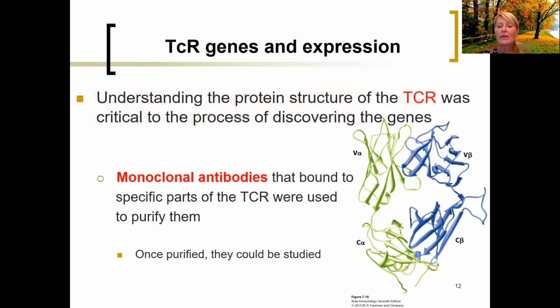Just before we get started into that, we'll have another reminder of what the structure looks like. This is the protein itself, and we had the protein first, and the protein helps us to understand what the genes may look like in some ways. But as always, there's some surprises that come up with these particular genes.